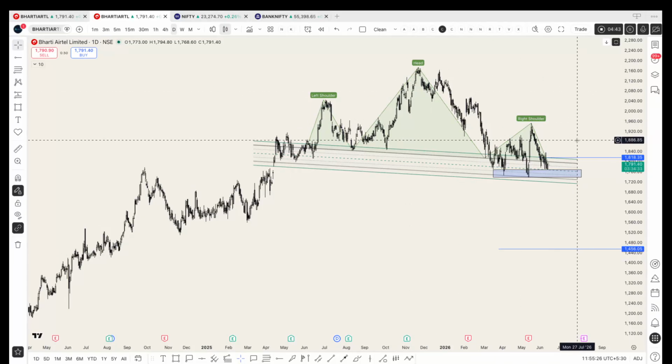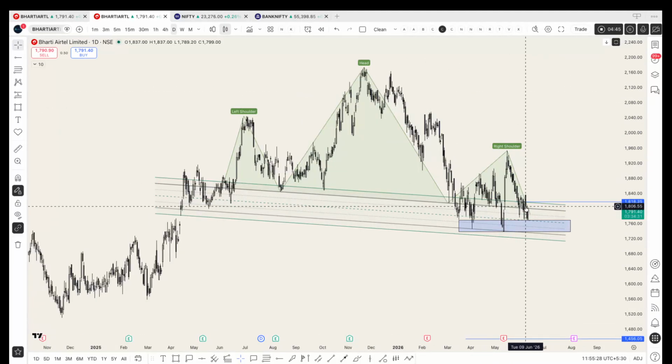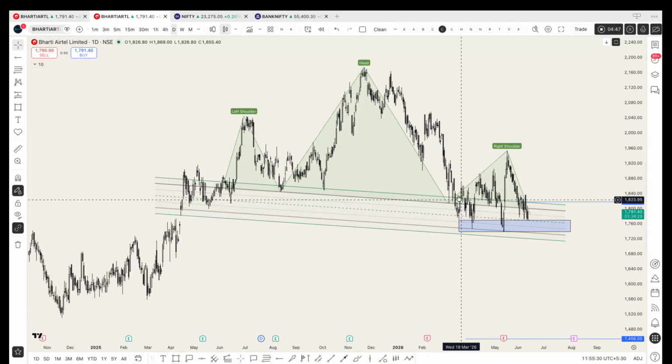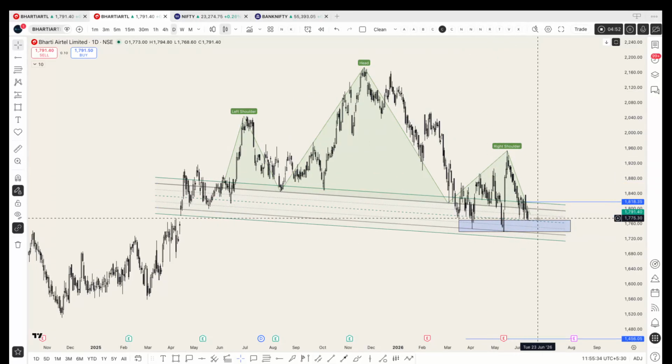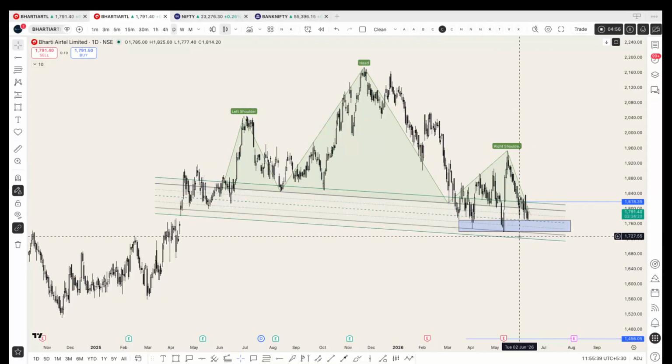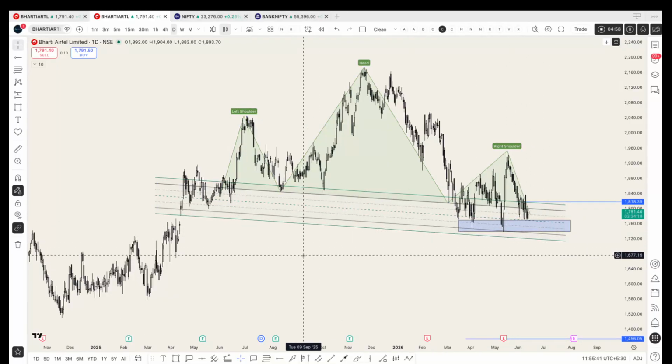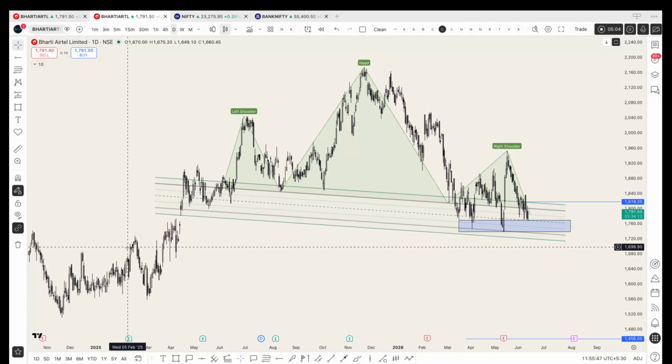Now the aggressive approach will be on the break of the trend line. Now it has formed a proper right shoulder here. We'll definitely check for volume confirmation for the breakout, because one thing which will not change is the involvement of volume in any pattern.